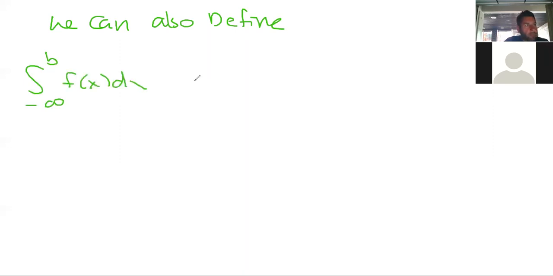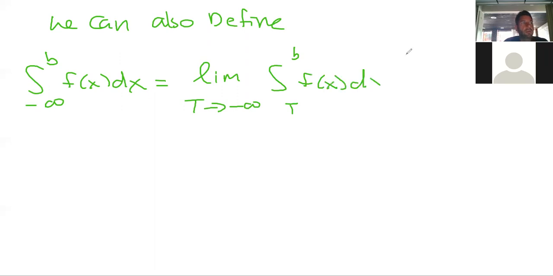How would we do that? Well, it's just almost identical. You just write it like this. You put the t downstairs and integrate like that.